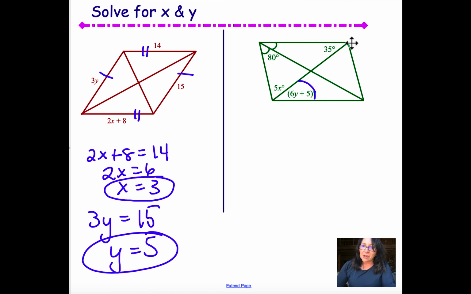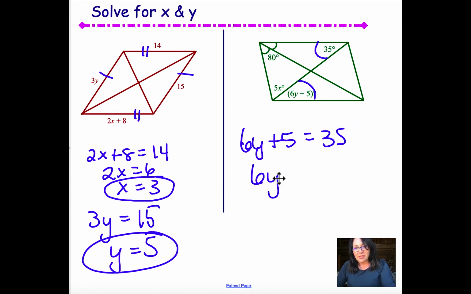If this here is congruent to this angle, then I can at least go 6y plus 5 is equal to 35. I can say 6y equals 30, and I can say y is equal to 5. So I know y is equal to 5. If this is 35, this is 35 here.